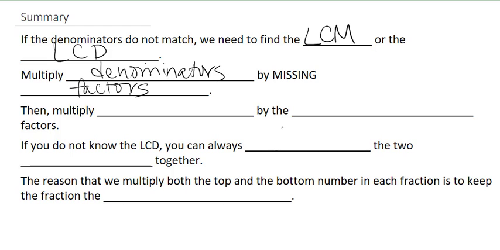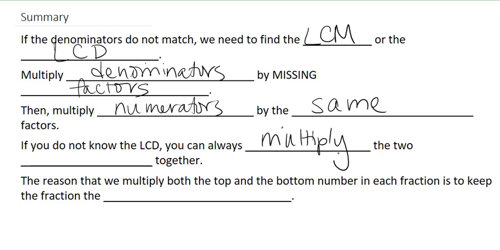Then multiply the numerators by the same factors. And if you do not know the least common denominator, you can always multiply the two denominators together. The reason that we multiply both the top and the bottom in each fraction is to keep the fraction the same.